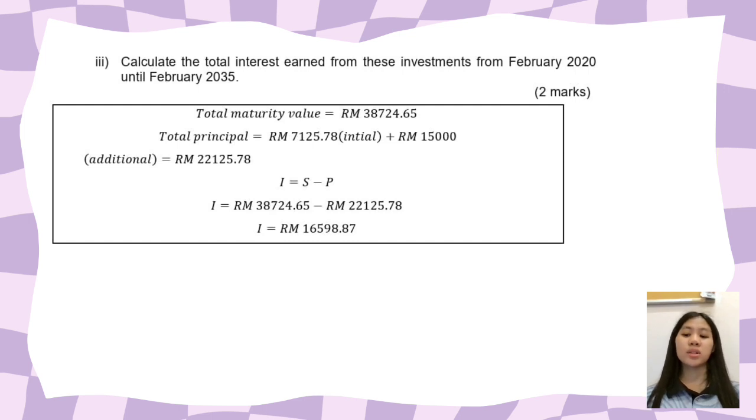So the total interest earned, calculated using I equals S minus P, is RM 38,724.65 minus RM 22,125.78, giving a total interest of RM 16,598.87.